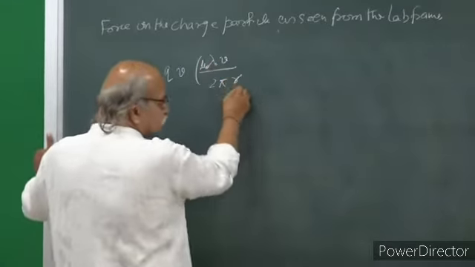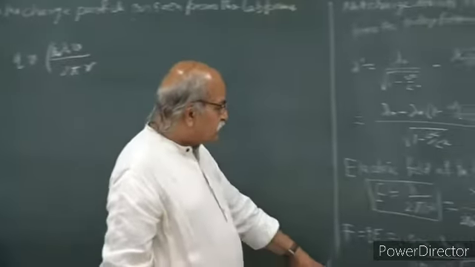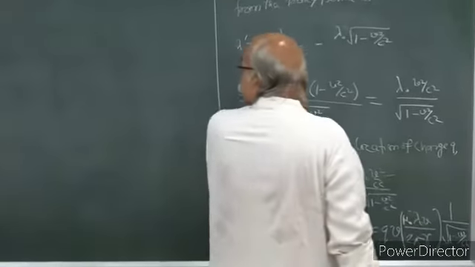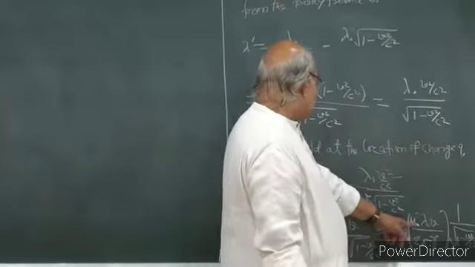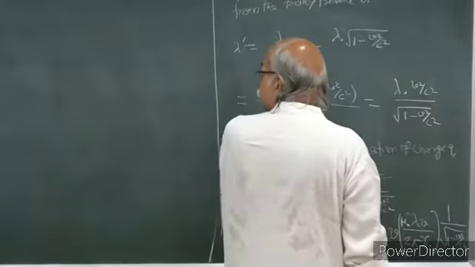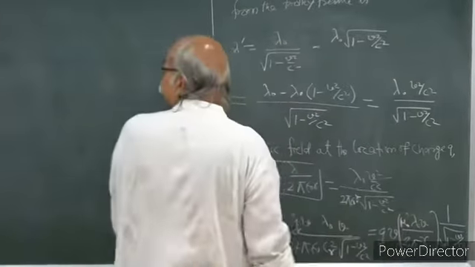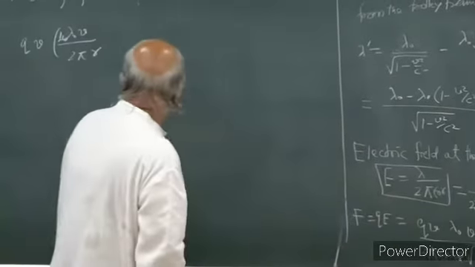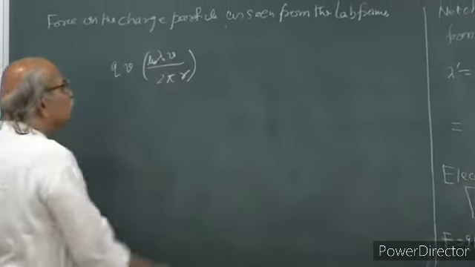So, I have written q and then v, lambda naught, mu naught, and then v, and 2 pi r. So, this will be the force.